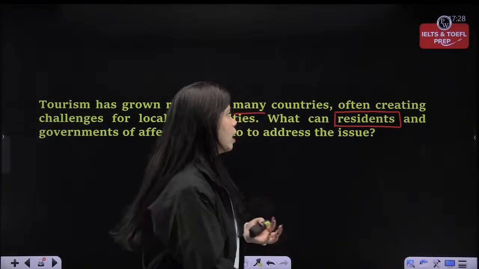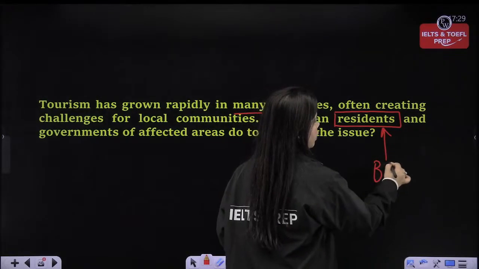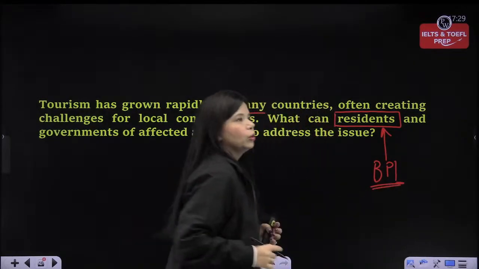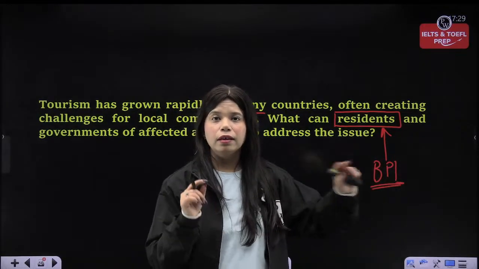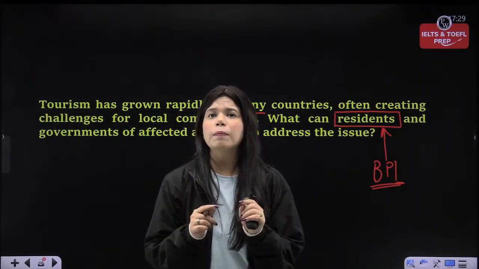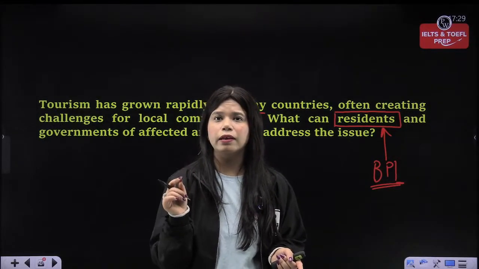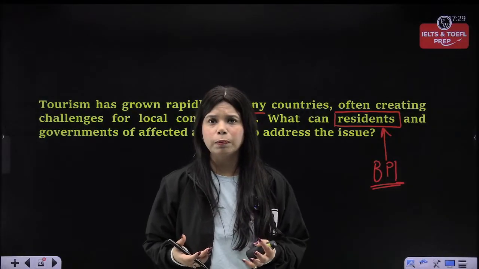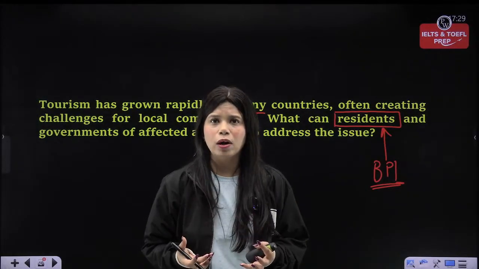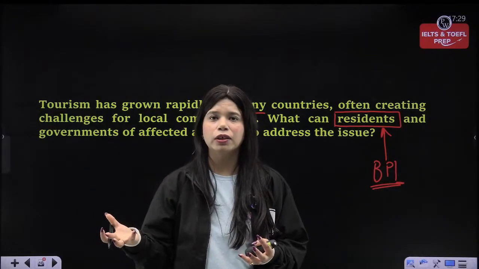No. Now in body paragraph 1, you need to tell exactly what residents can do to solve this problem. That means solutions from residents' angle. Residents means local people who are living in those areas where a lot of tourist activities occur. For example, in India, Goa is a famous tourist place. So what can people of Goa do to solve this problem of environmental degradation that takes place?